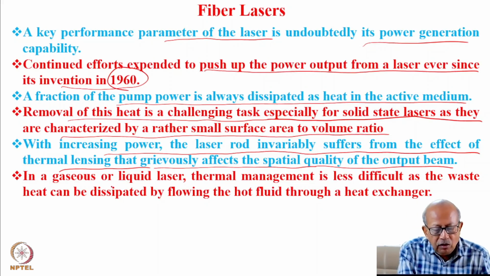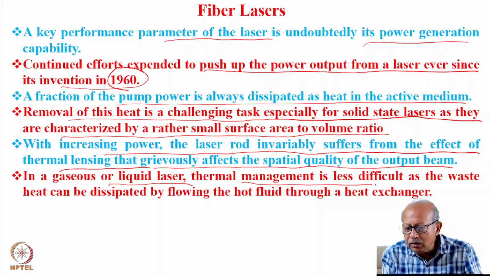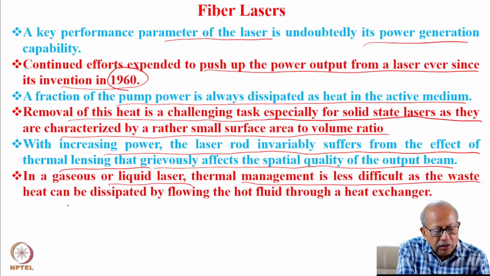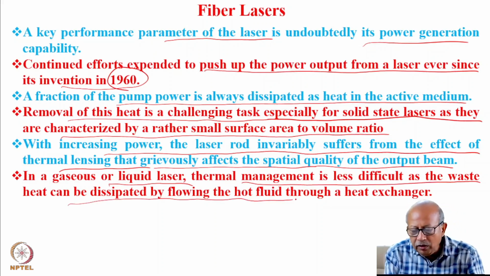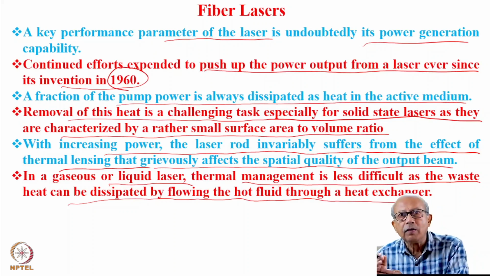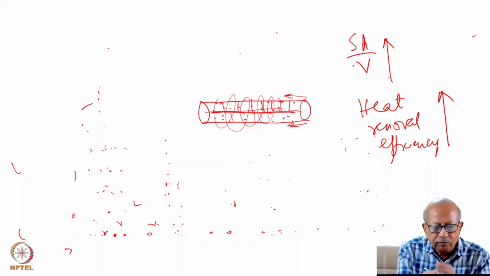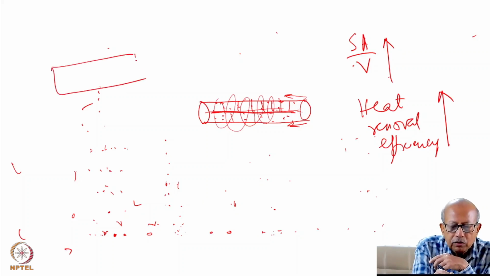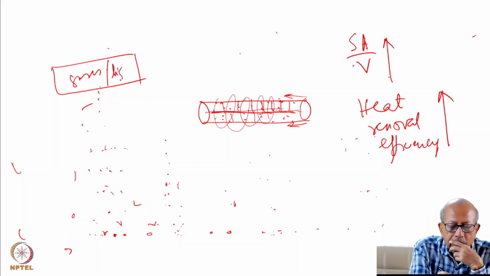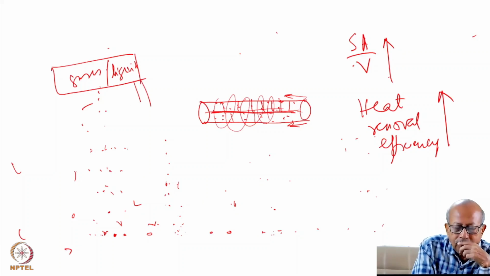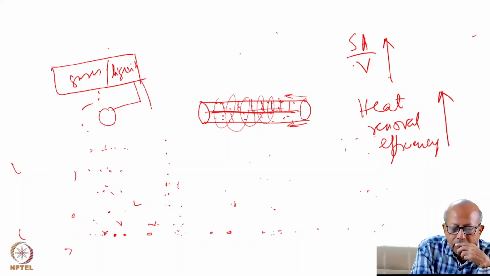Now, in a gaseous or liquid laser, thermal management is less difficult, as the waste heat can be dissipated simply by flowing the hot fluid through a heat exchanger. You can make use of a circulating pump and a heat exchanger.